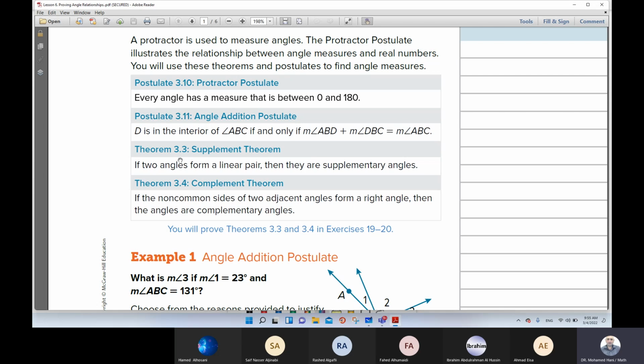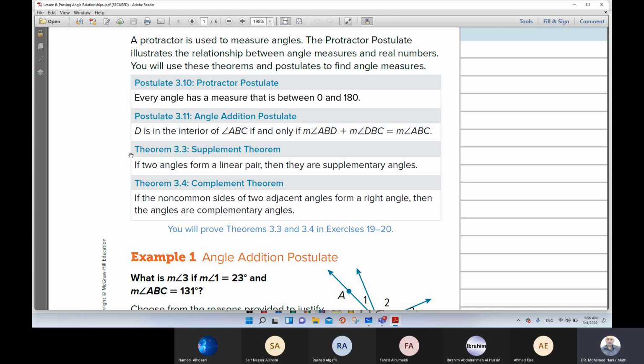The second postulate, angle addition postulate. D is in the interior of angle ABC if and only if measure angle ABD plus measure angle DBC equals measure angle ABC.